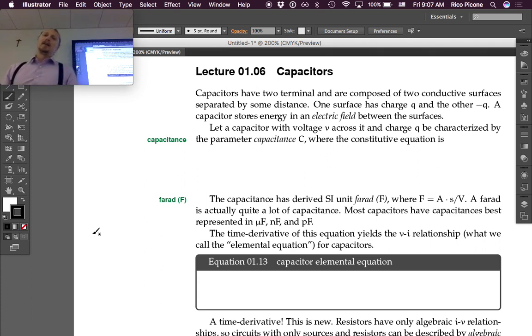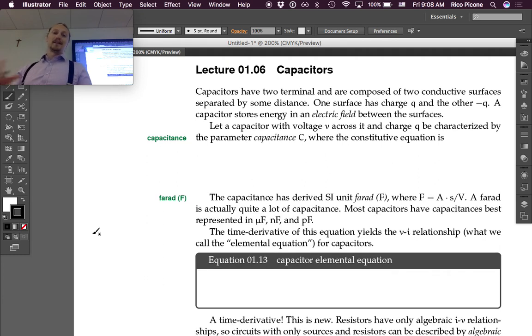But real capacitors are typically not constructed that way. A real capacitor has foil that's wrapped around several times. There are lots of different varieties, but we try to say surfaces instead of plates, but sometimes we're just going to say plates by accident.